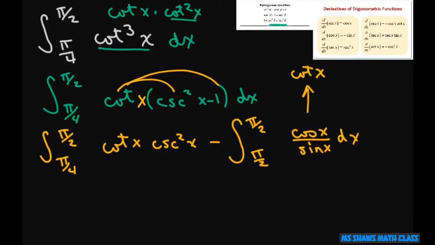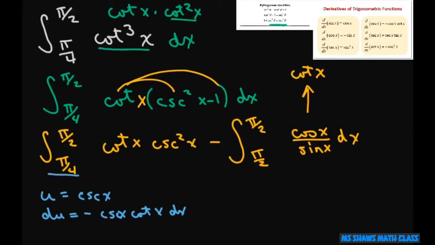Now, I'm going to use substitution on these. For this first piece, I'm going to let u equal cosecant x. Therefore, the derivative of u equals negative cosecant x cotangent x dx.